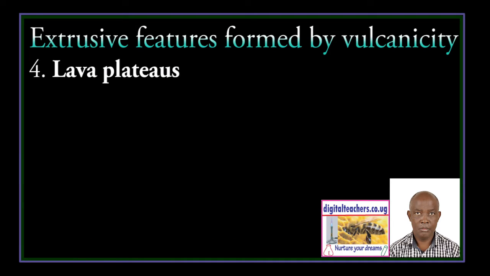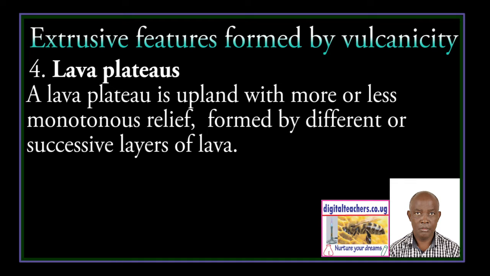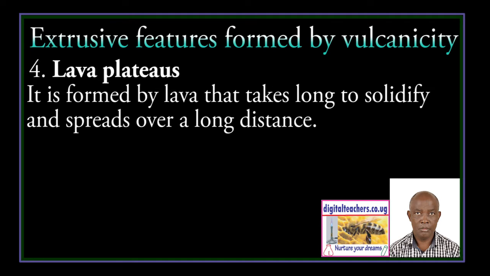Lava plateau. A lava plateau is an upland with more or less monotonous relief formed by different or successive layers of lava. It is formed by lava that takes long to solidify and spreads over a long distance.